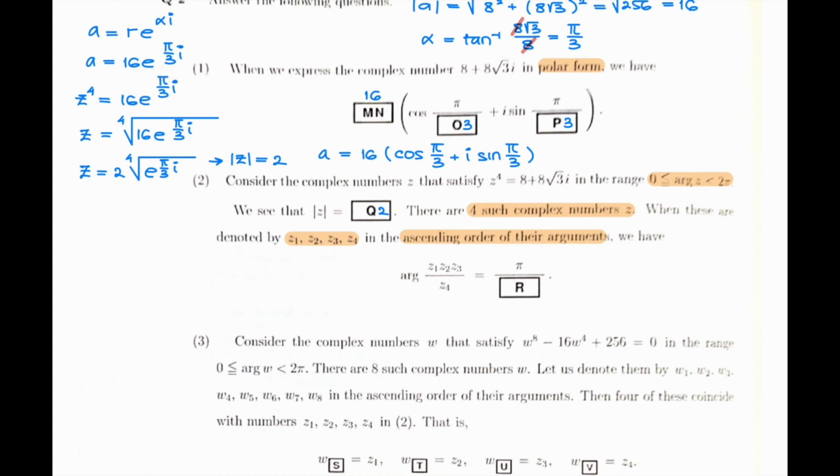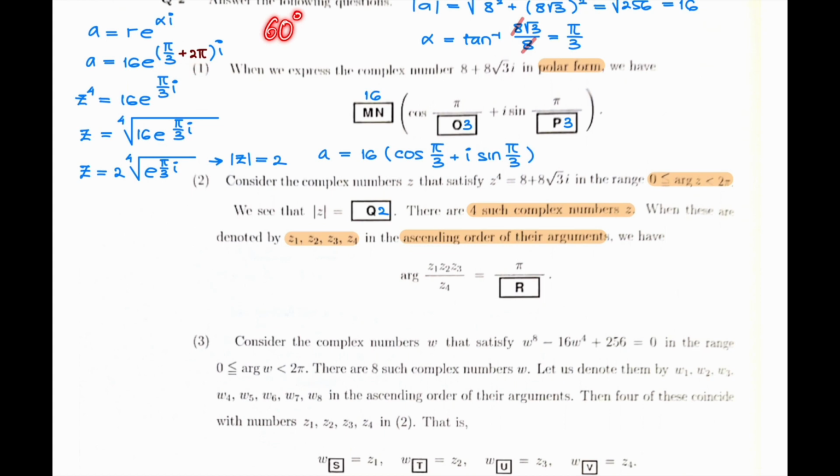If I want to write down pi over 3 in general form, I just add 2 pi here. So I will add it with 2 pi, and then I will put a bracket i. This is the general form of the argument. As you can see, I have pi over 3, which is 60 degrees. If I add 2 pi, which is 360 degrees, I will have the same position of angle.